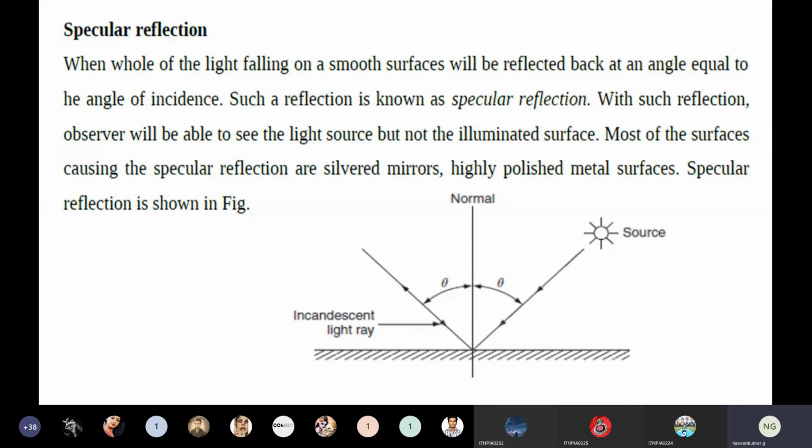If there is 1 or 2 degrees variation, it's not called specular reflection. With such reflection, the observer will be able to see the light source but not the illuminated surface. Most of the surfaces that cause specular reflection are silvered mirrors, highly polished metal surfaces, etc. So plain mirror or mirror-similar surfaces all show specular reflections. Understand?